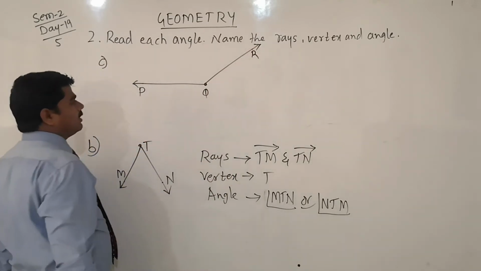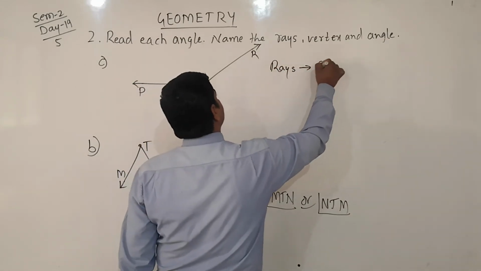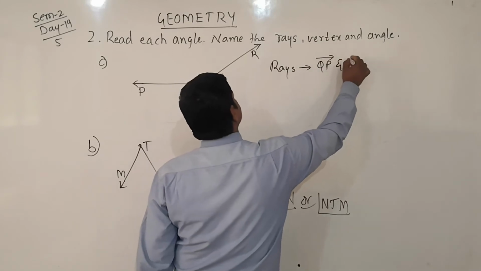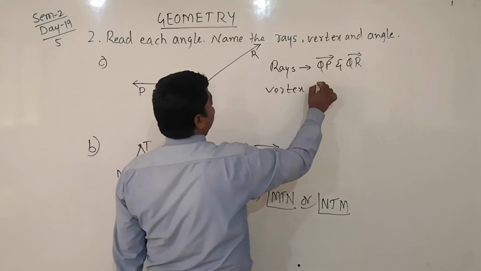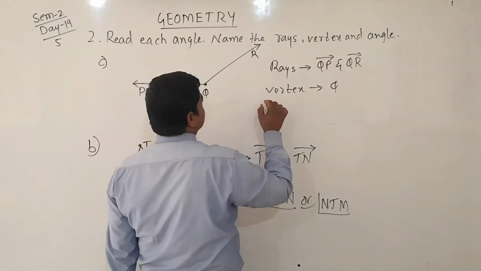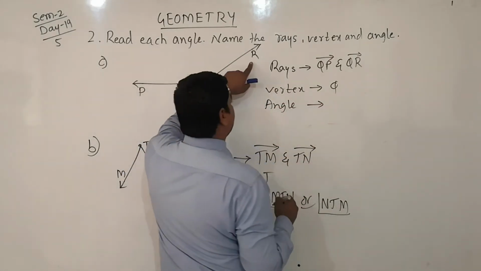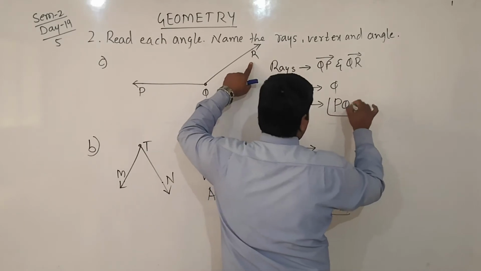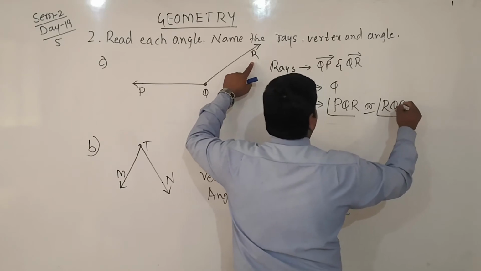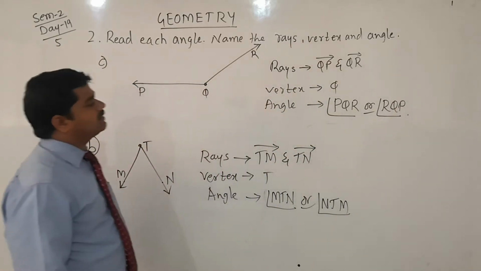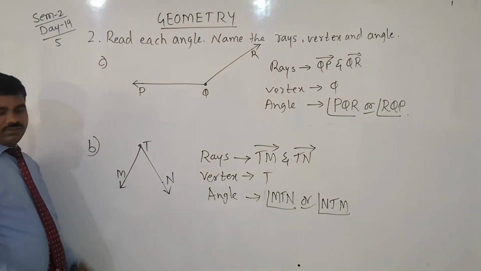Rays are QP and QR. Vertex is Q. Next angle. What are the angle? PQR or RQP is the angle. Simple, no? Yes. We'll go with another example.